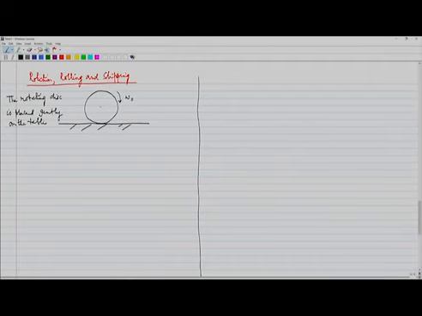Let us say it's a perfectly frictionless table, right?